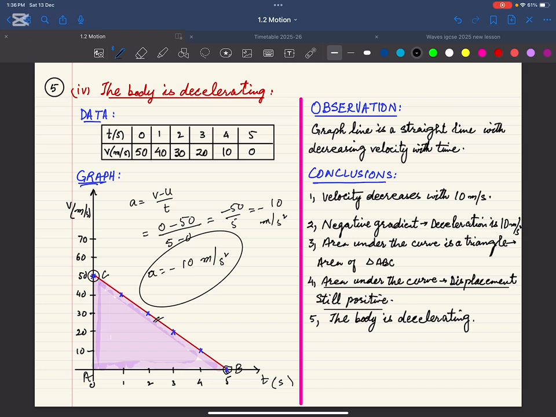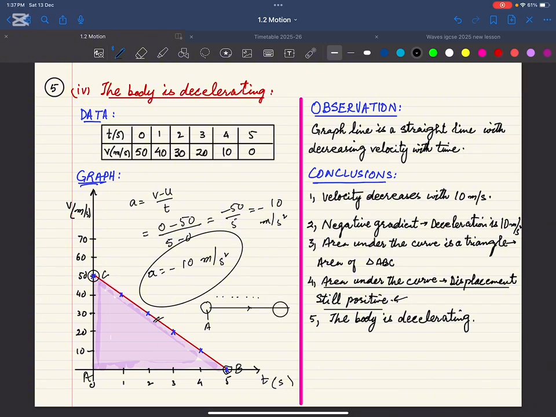It means that the body is moving from one point, suppose somewhere here A, to another point. The body is displacing in the positive direction, so the displacement is still positive, but obviously as the velocity decreases with time, ultimately the body will stop somewhere here.